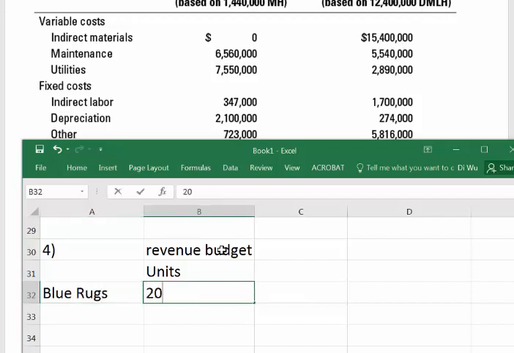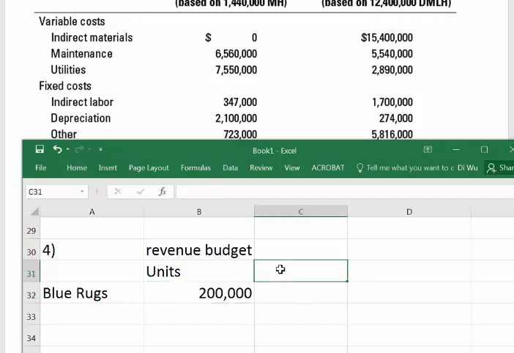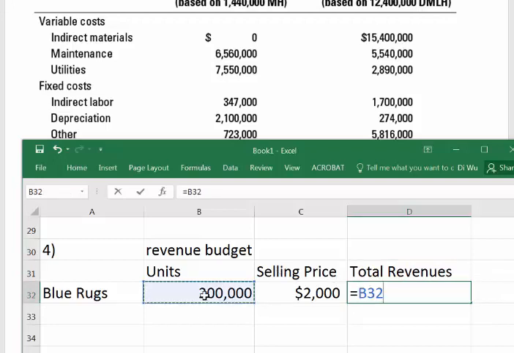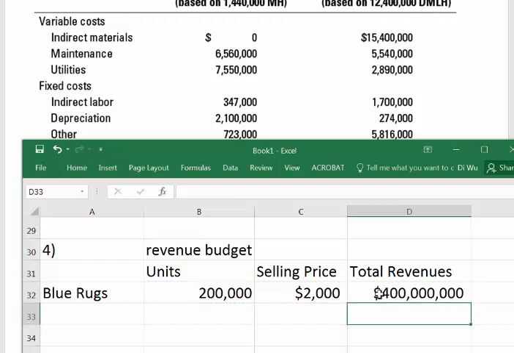The first case is you're going to sell 200,000, and the selling price is $2,000. Total revenues is the number of units multiplied by the selling price, so the total revenues is 400 million.